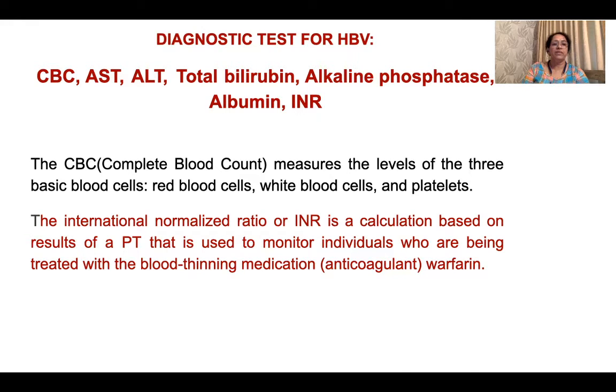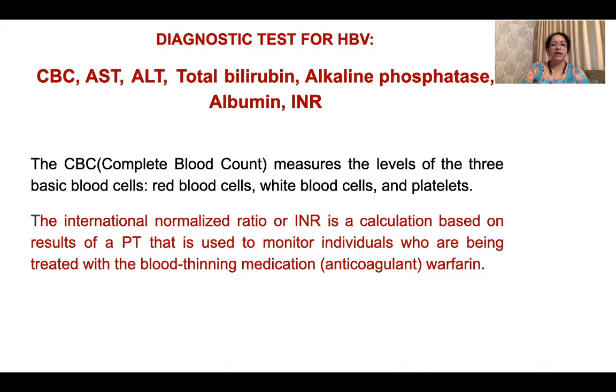In that, complete blood count as well as various enzyme analyzing tests, in that aspartate transaminase, alanine transaminase, total bilirubin, alkaline phosphatase, albumin and INR, that is international normalized ratio calculation, are used.